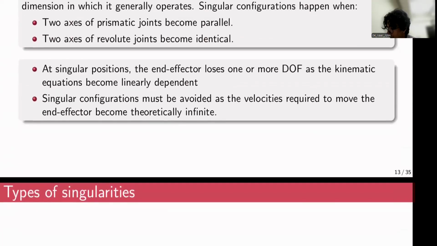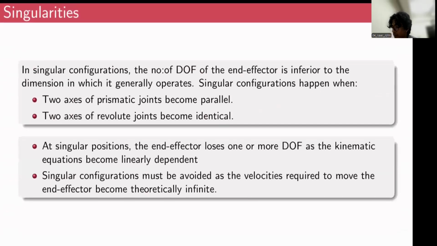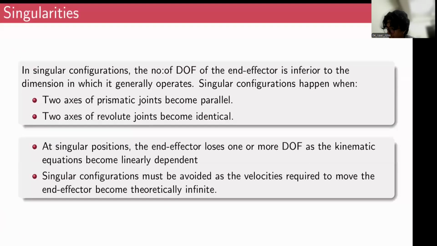Right. Now we talk about singularities. In a singular configuration, the number of degrees of freedom of the end effector is inferior to the dimension in which it generally operates. Right. So in some cases, if you have a 3 degrees of freedom robot, sometimes in some configuration there will be a degeneracy in degrees of freedom.